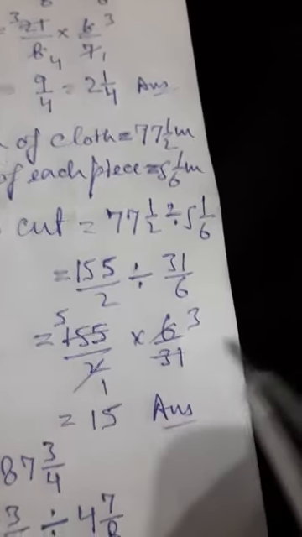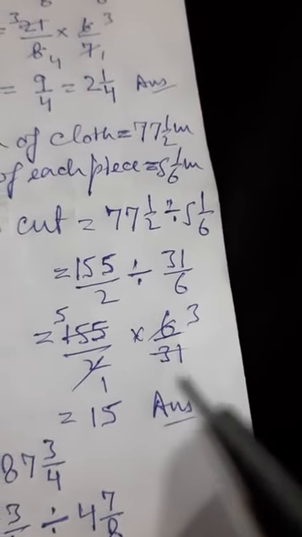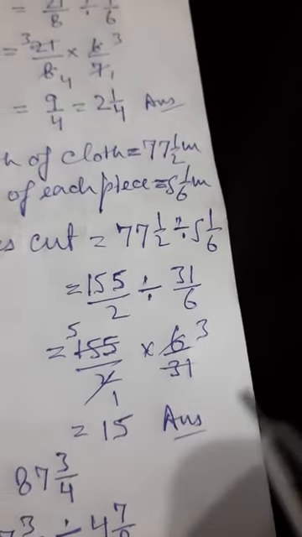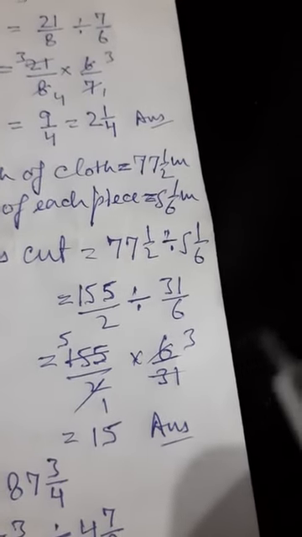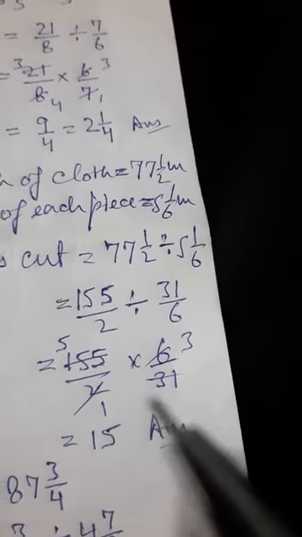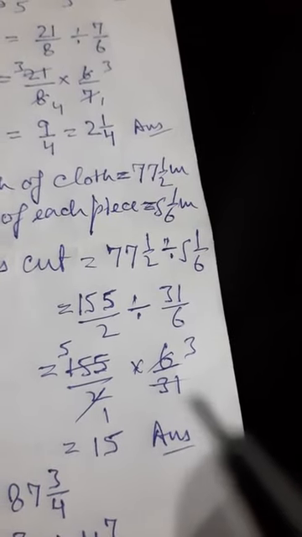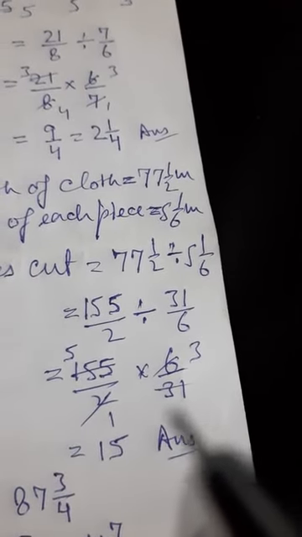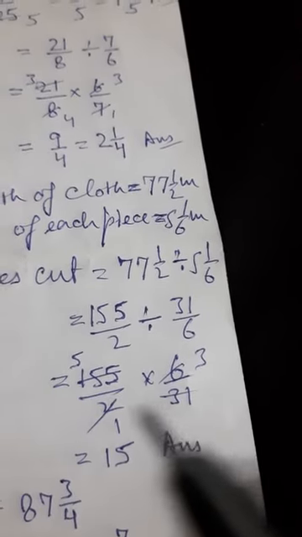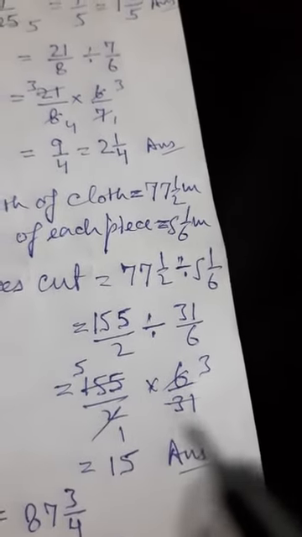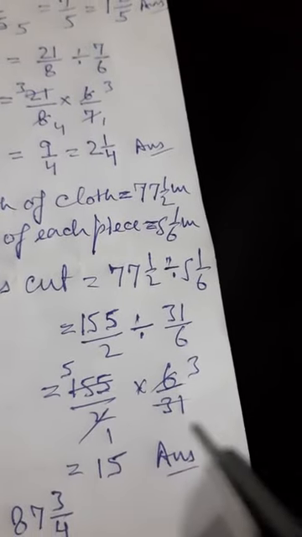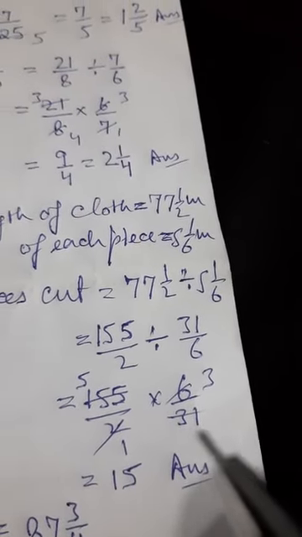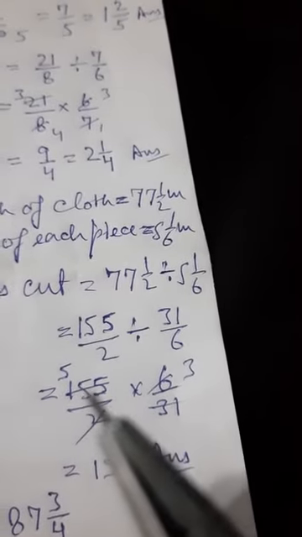So sometimes you may get a number whose table you don't know. So you have to be careful about such numbers, and you must also find its multiple in the numerator or denominator. 31, how many times will it go into 155?